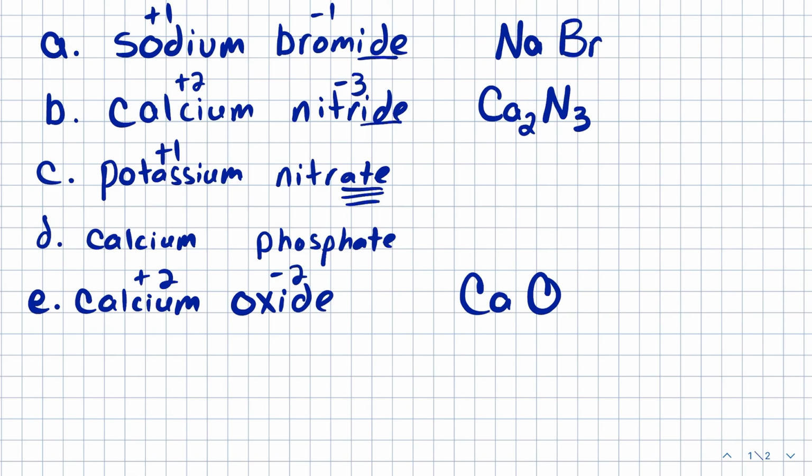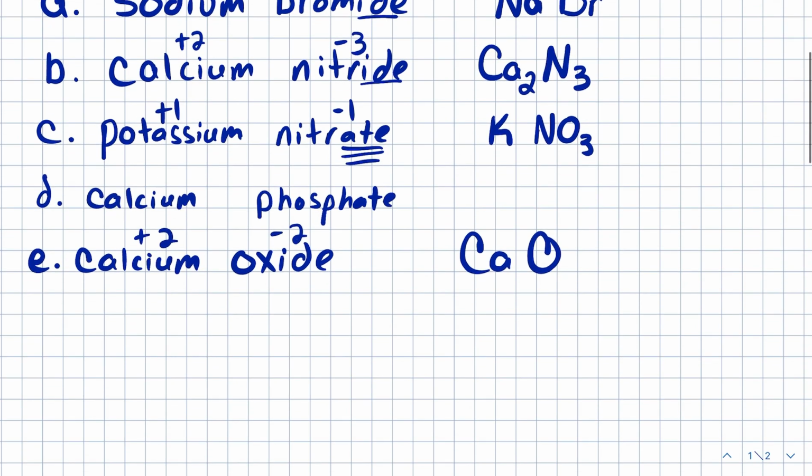This is on the back of your periodic table sheet if you're in my classroom. And so nitrate is actually going to be NO3, and it has a -1 charge. So with this, potassium is a +1, nitrate is a -1, and so it's just going to be KNO3.